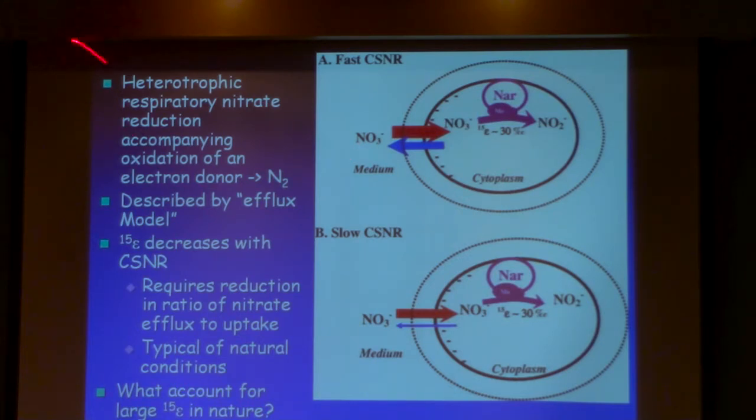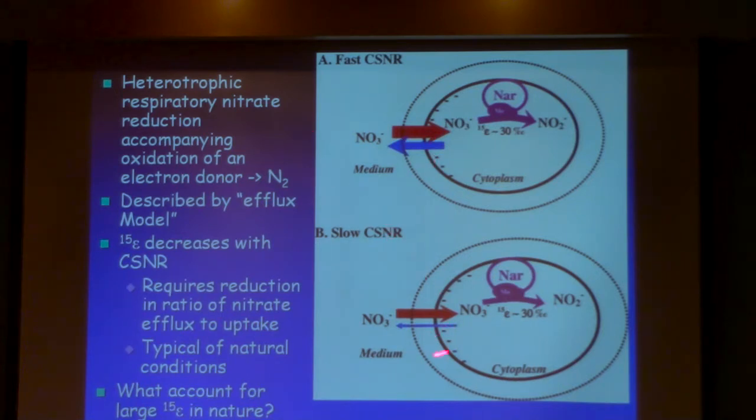So heterotrophic respiratory nitrate reduction accompanying production of N2 is described by this efflux model. With a fast cell-specific nitrate reduction, there's a dominance of nitrate uptake into the cell, less loss. There's even less loss when the cell-specific nitrate reduction is low.